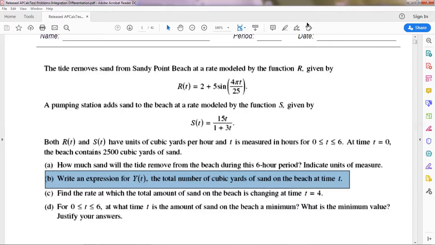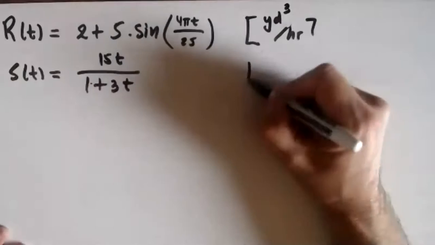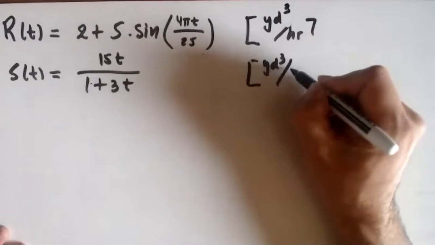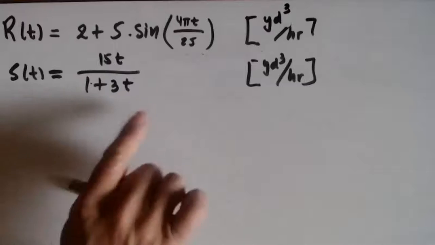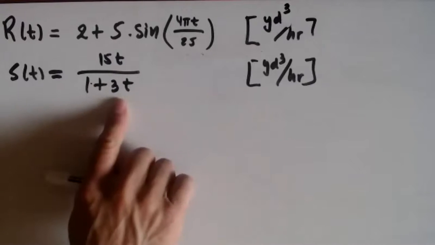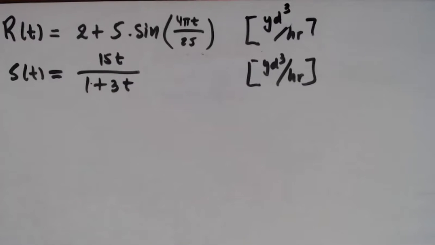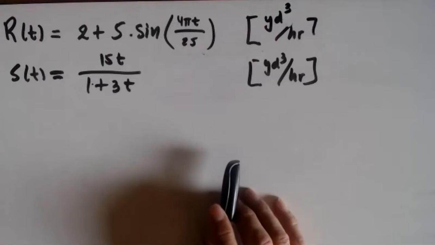You have this second function, s of t equals 15t over 1 plus 3t. These are the two functions you have. Both functions are in cubic yards per hour, so both are the derivative of a volume function, correct? Now, what you have to answer is, write an expression for y of t, the total number of cubic yards of sand on the beach at time t.